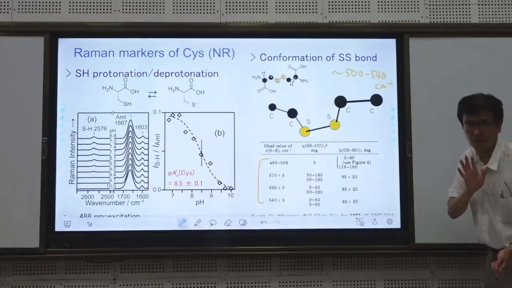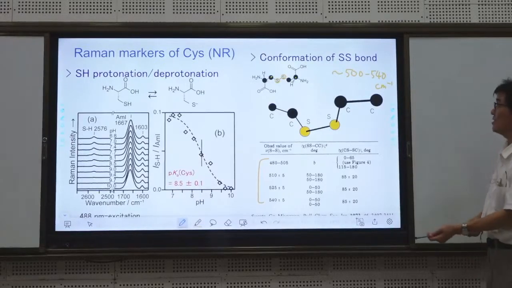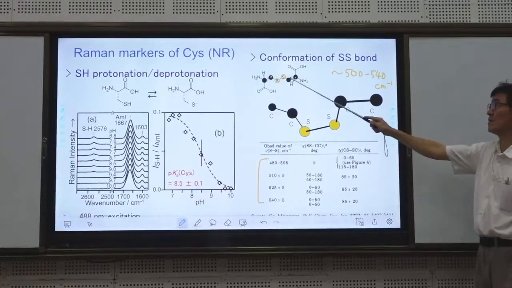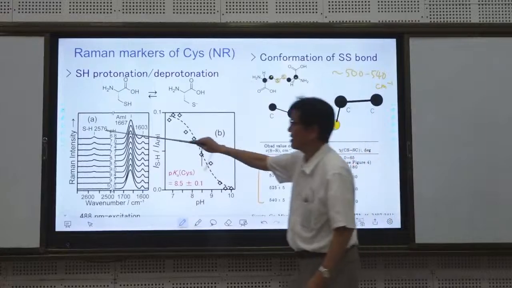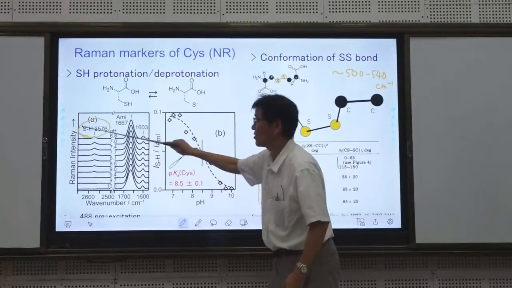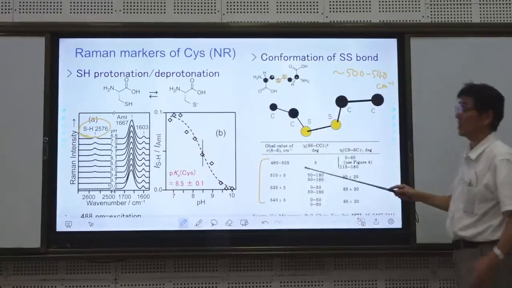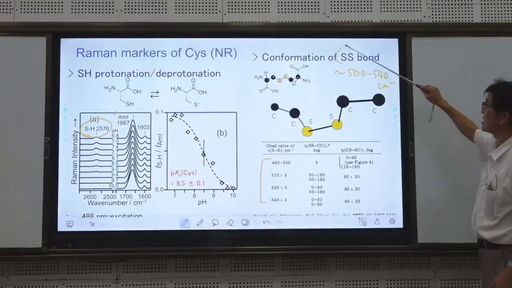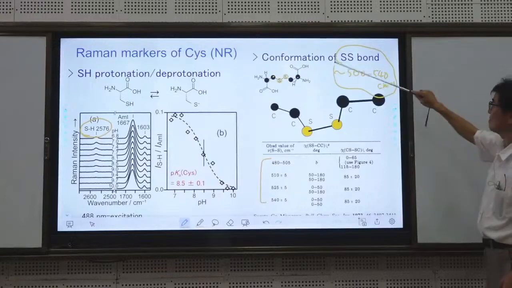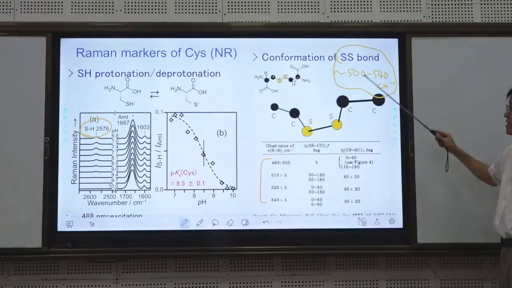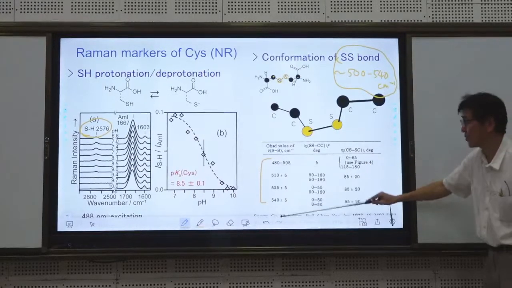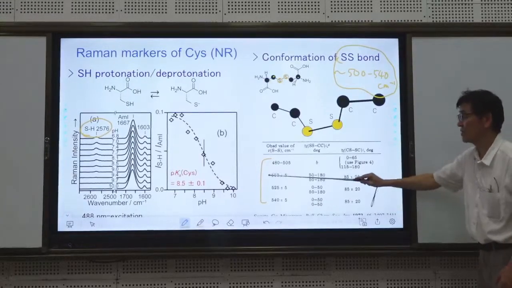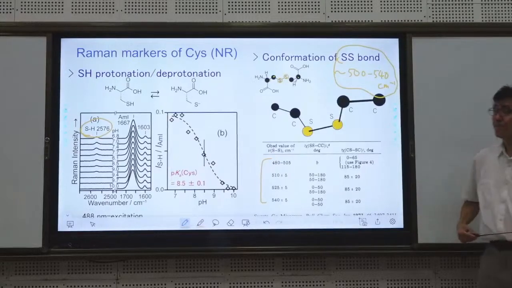So in the case of protein structure analysis, if you are interested in the status of the cysteine side chain, one checkpoint is the SH band, SH stretching. Another checkpoint is the SS stretching band. Okay, and by checking the peak position of the SS bond, you will see what the conformation of the SS bond is.